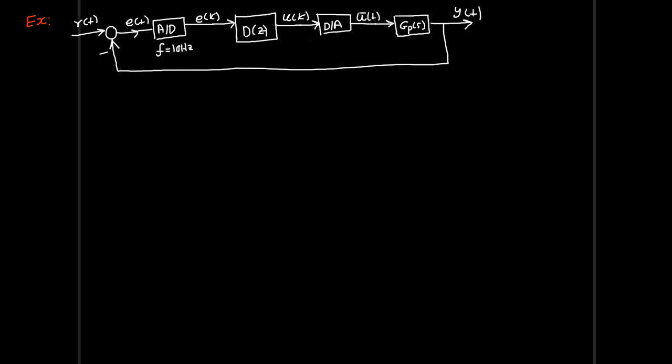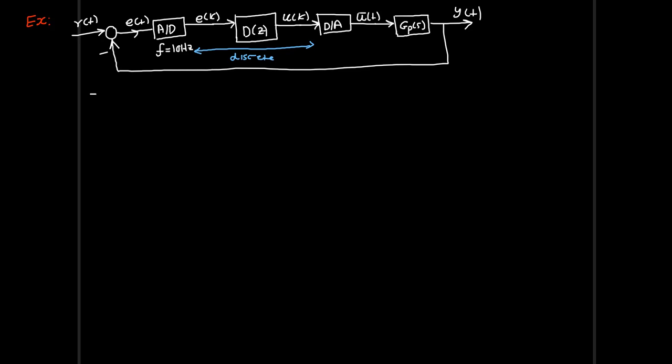Now this one is the discrete platform. The other signal is continuous. So here we have a discrete. Now let's assume that the controller, the digital filter, and the plant is given in terms of the discrete equation and differential equation.